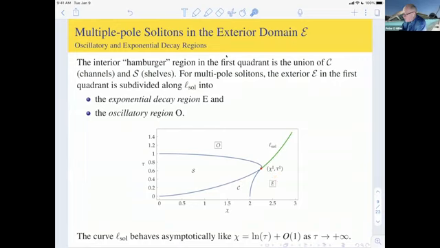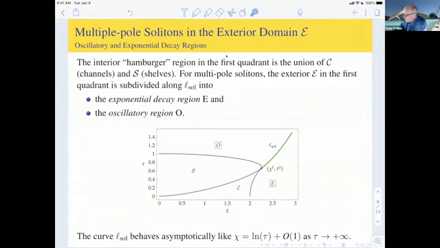You see there's the point chi sharp tau sharp, and here's the curve L sol emanating into the exterior. Asymptotically, really far away over here, this curve L sol looks like a logarithm: chi is like ln of tau plus something bounded as tau goes to infinity. Up in this direction, that's what it looks like.